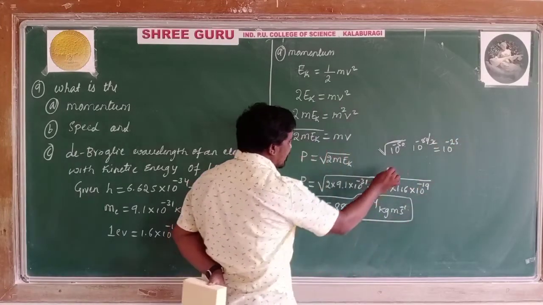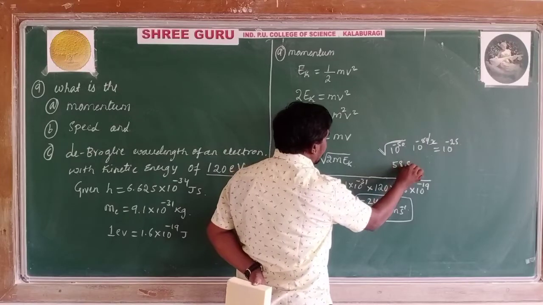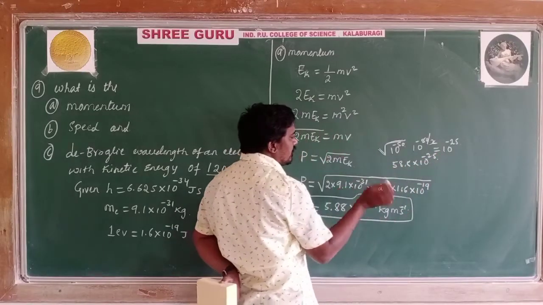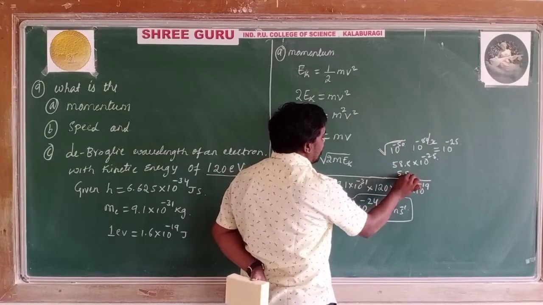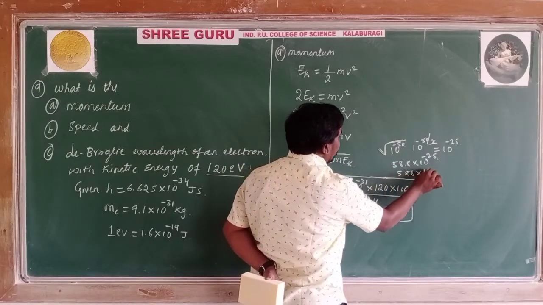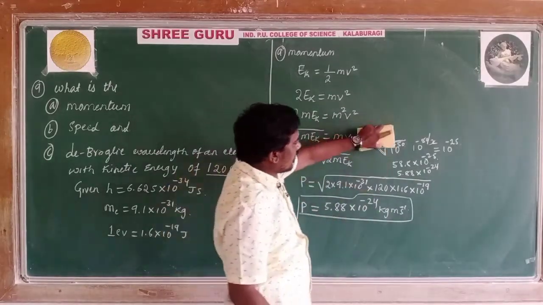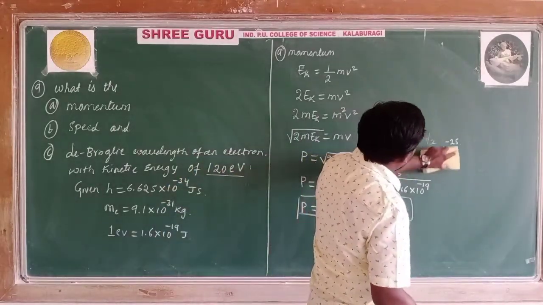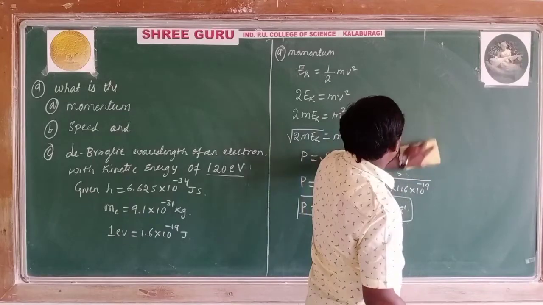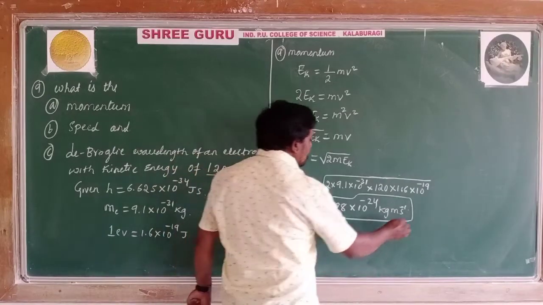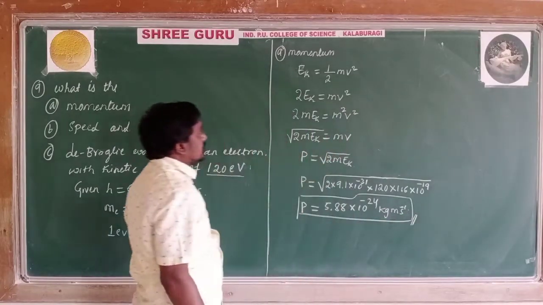Here our answer is 58.8 into 10 to the power minus 25. I am converting for the first decimal point, that is 5.88 into 10 to the power minus 24. Like this we converted. You solve the multiplications and square values yourself. This is our first bit answer.